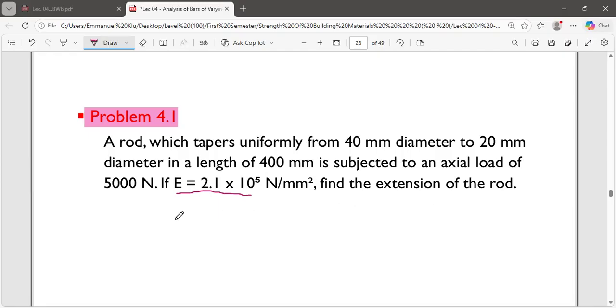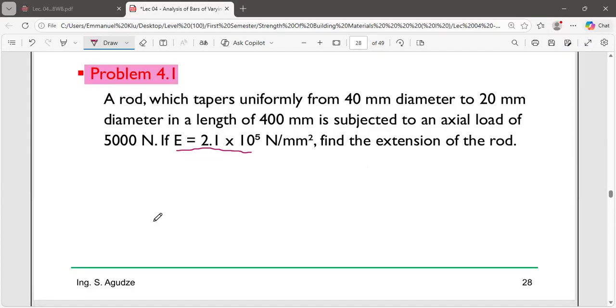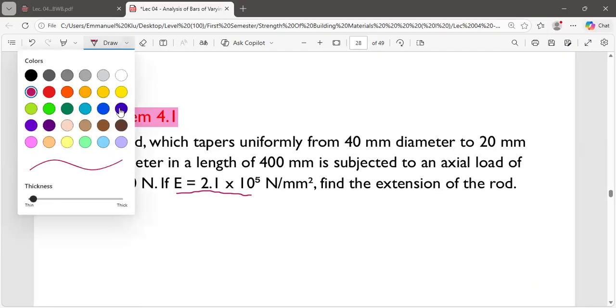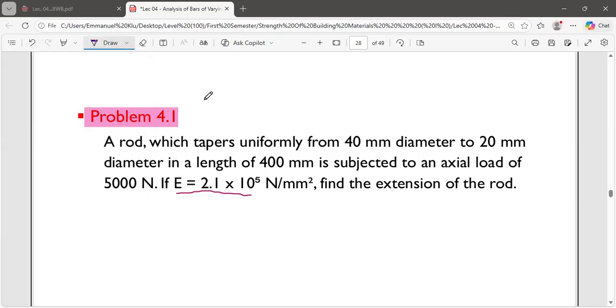Good. I want someone to read this question one more time, even before we proceed. Any volunteer to read this question for us? Yes, very good.